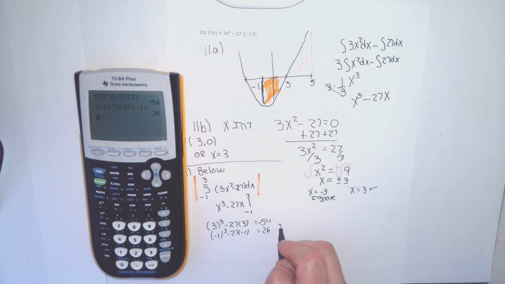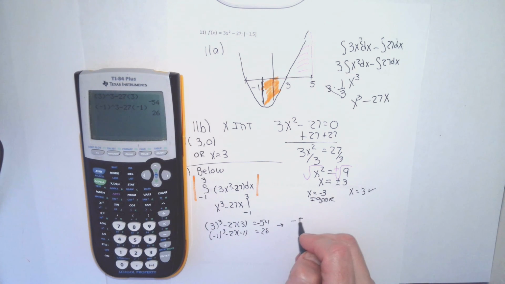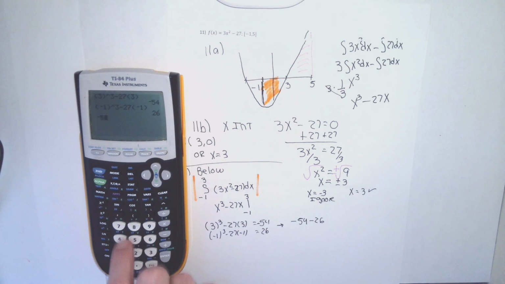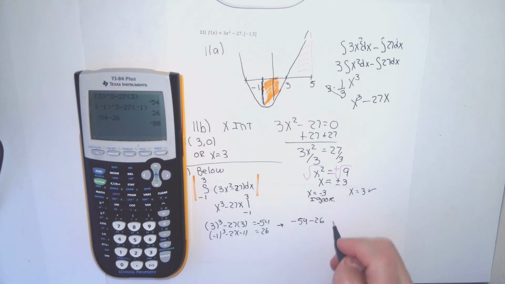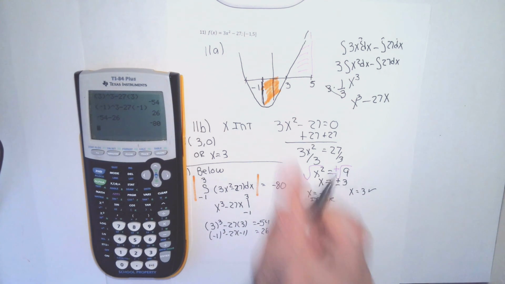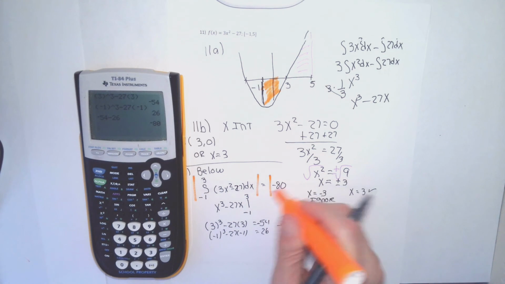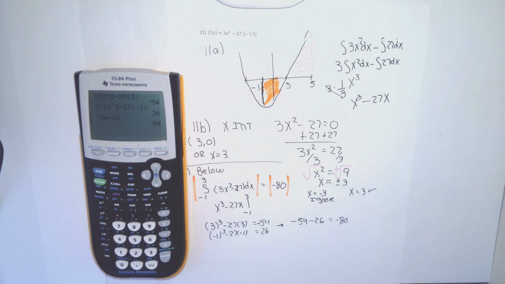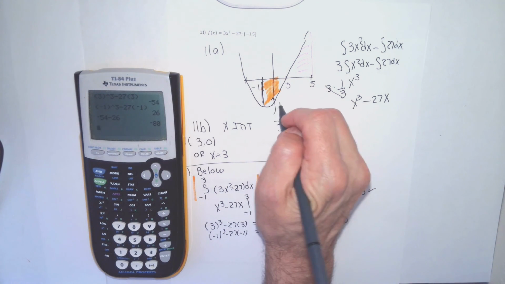And I'm going to subtract: -54 minus 26 and get -80. So I knew that number should come out negative because the graph is beneath the x-axis. I'm going to absolute value it, and for this area, I'm going to call it 80.